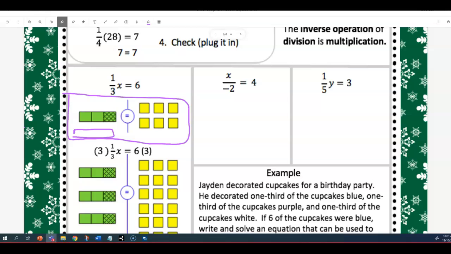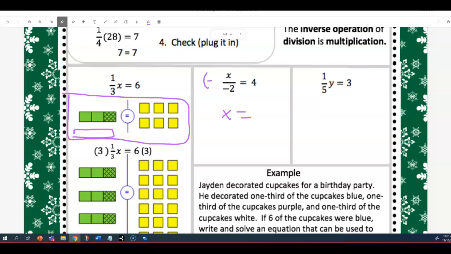Okay, so our first example, x divided by -2 is equal to 4. To undo x being divided by -2, we're going to multiply both sides by -2, because the goal is still to get x by itself.